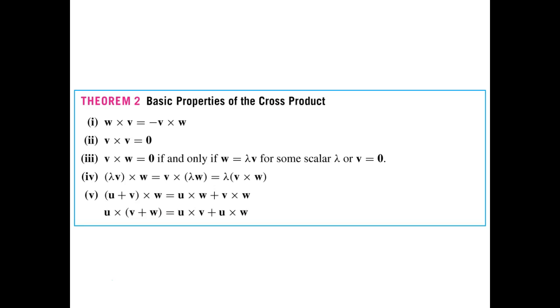And you can do them in the other order too. U cross V plus W is U cross V plus U cross W. Notice the order really matters. If you add first and then cross, then the second half of your crosses always has to be that second vector.